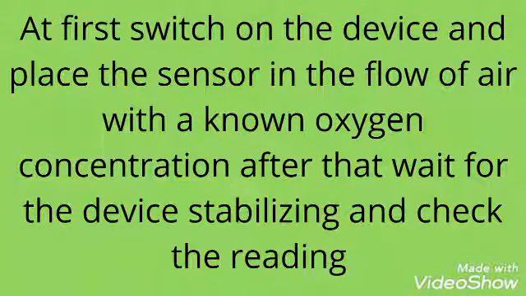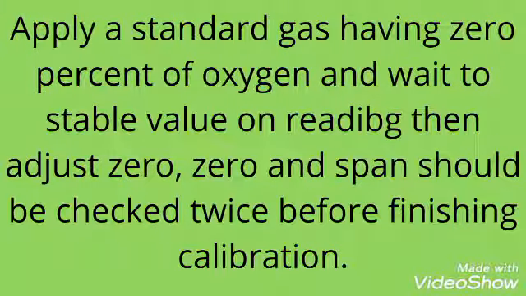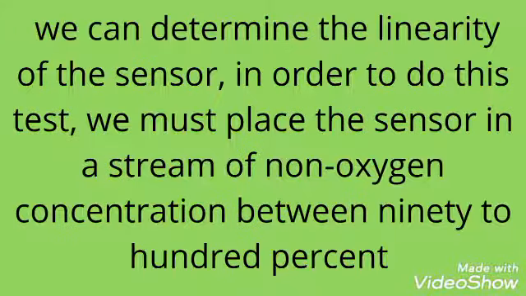At first, switch on the device and place the sensor in the flow of air with the known oxygen concentration. Wait for the reading to stabilize and then apply standard gas having 0% oxygen and wait for it to stabilize, and then adjust zero, and span should be checked twice.